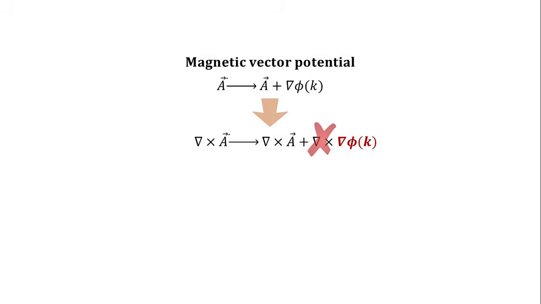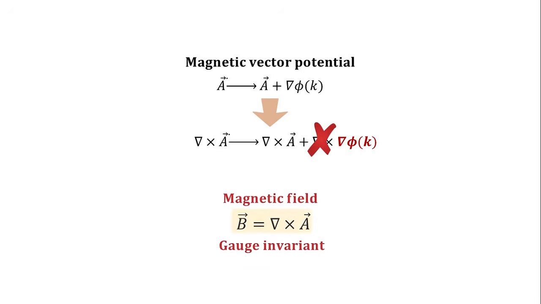Why? Because the curl of a gradient field is always zero. This means the magnetic field B, defined as the curl of the magnetic vector potential, is inherently gauge invariant. The magnetic field provides a local measure of the physically observable field strength in space, independent of the gauge.